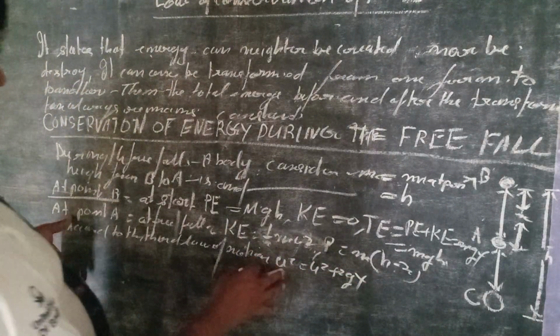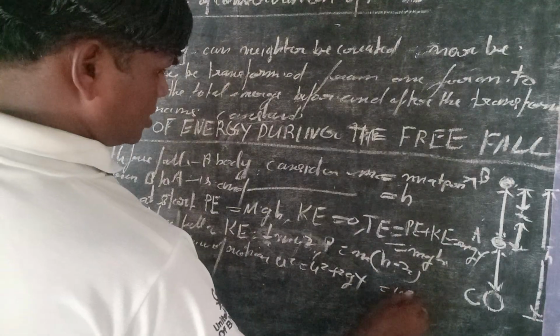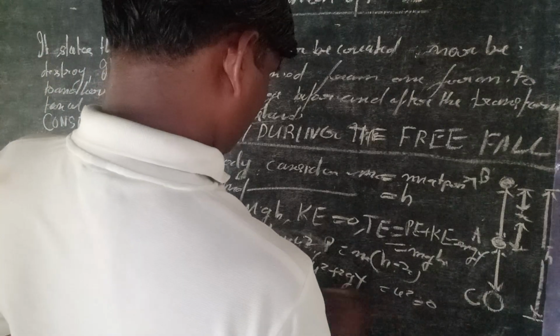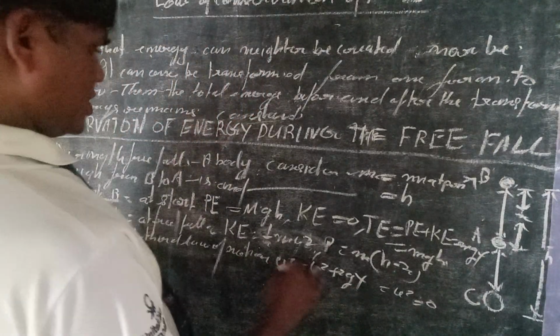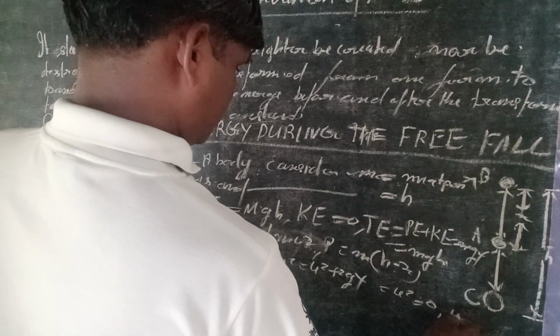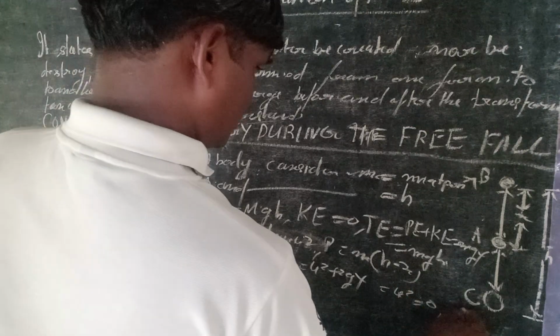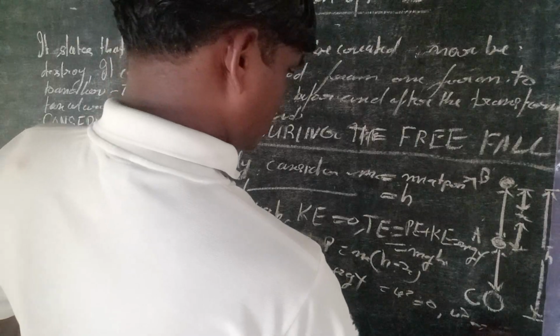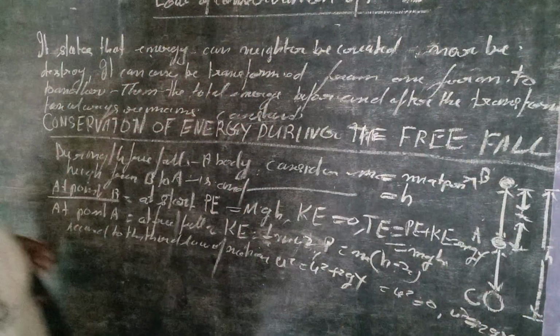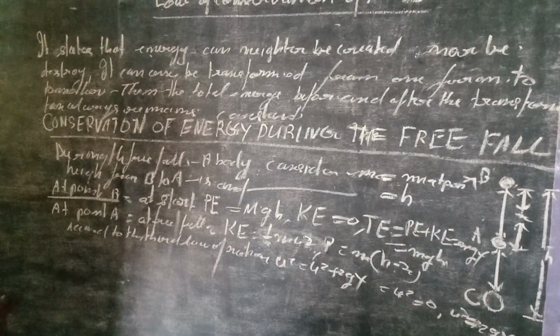Here u is 0, because it starts from rest. So v square is equal to 2gx, twice gx.